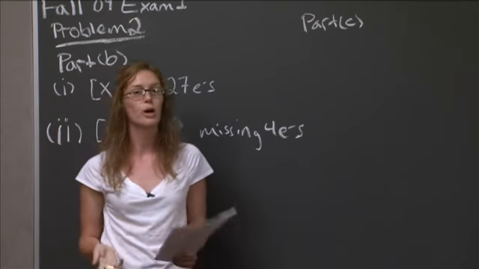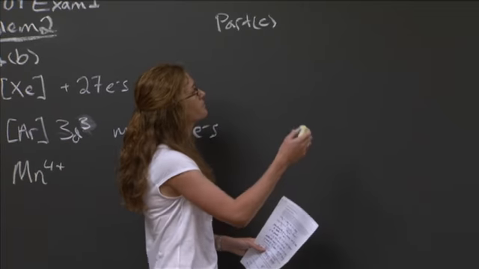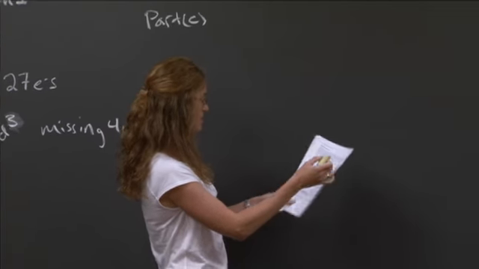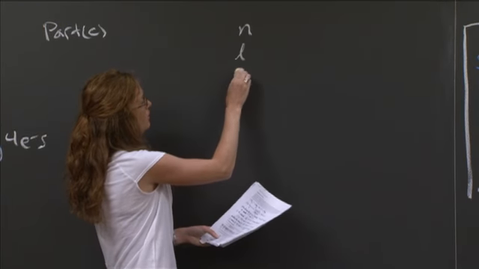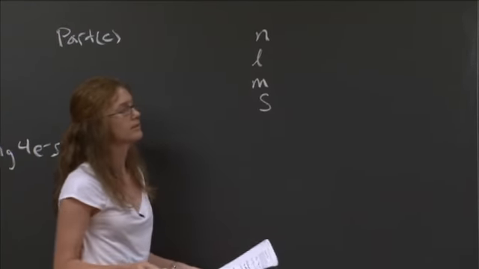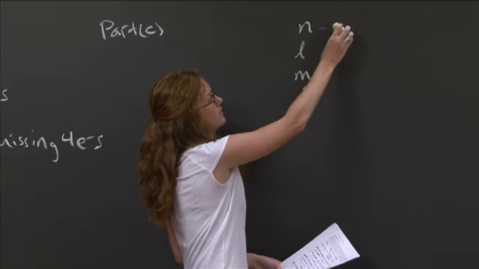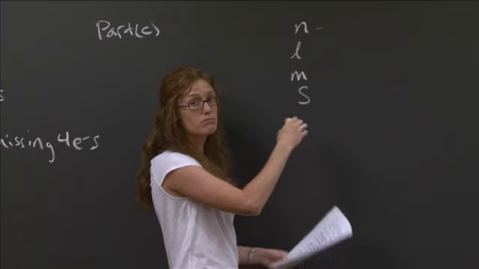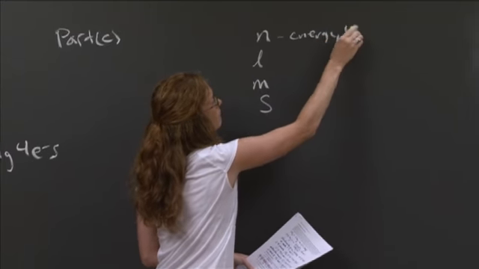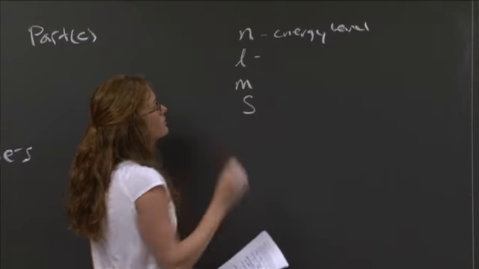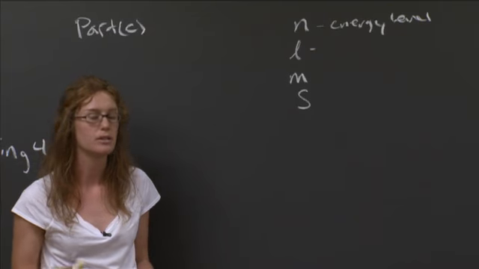So let's start with the 4s, because that's a little more straightforward. He tells us that we have an n quantum number, l quantum number, m, and s. And hopefully we all know that n is the principal quantum number. It's basically your energy level. l gives you what type of orbital you're in, right? If you're in the s, the p, the d.